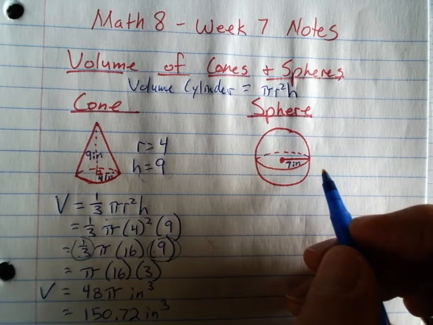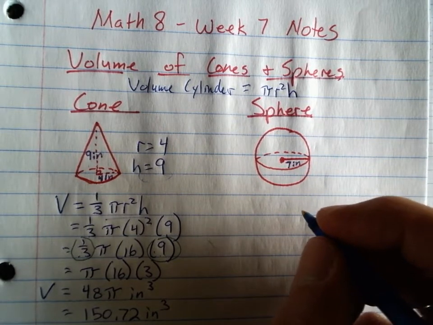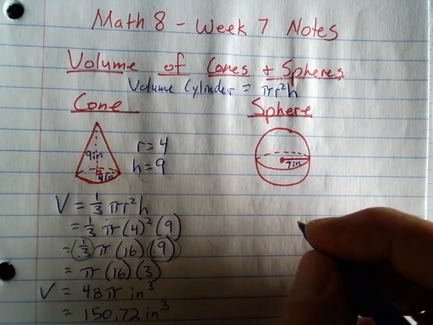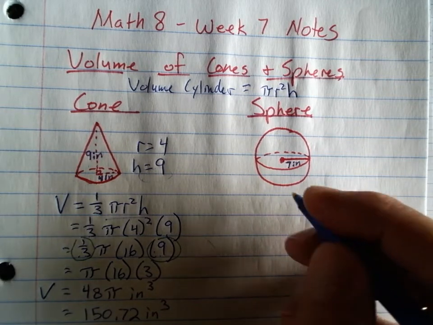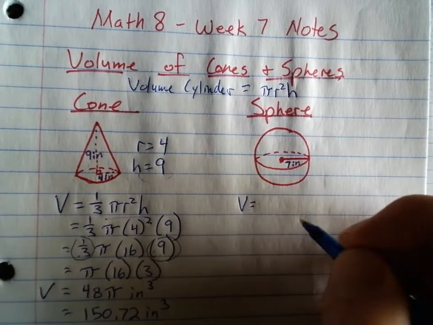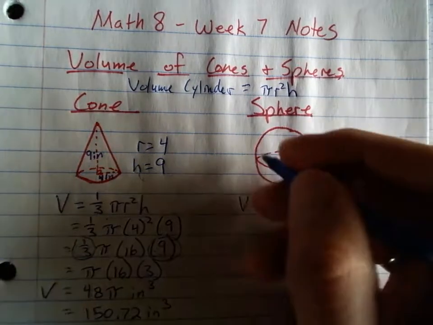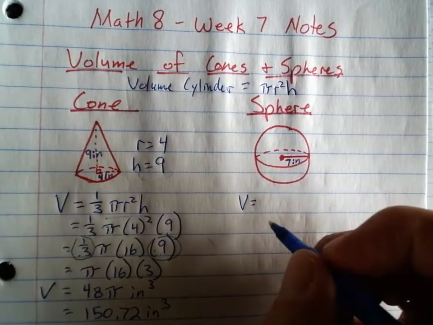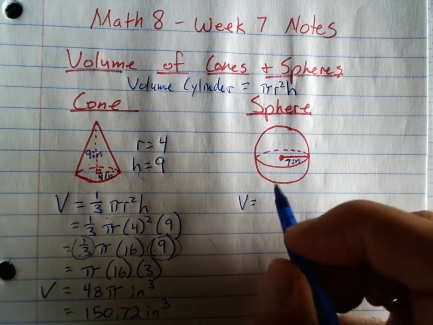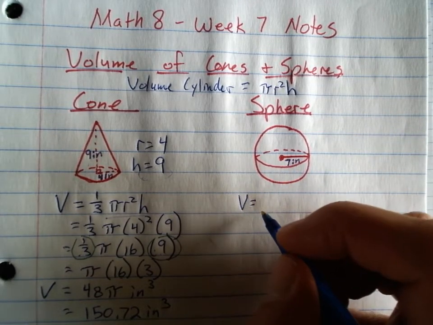For the sphere, the good news is that I don't need you to derive, which means explain the formula. I just need you to be able to use the formula, because being able to use a formula is important.